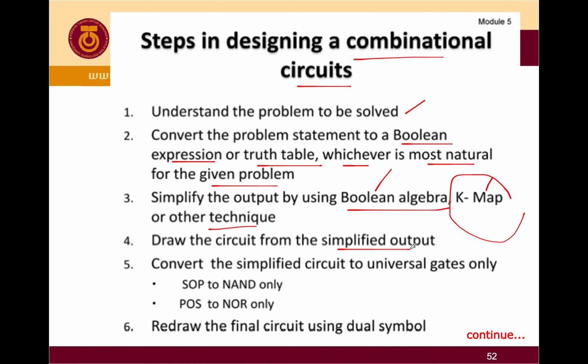So after you get the simplification of your Boolean algebra, you're going to draw the circuit. Fifth, you need to convert the simplified circuit to universal gates only, which is for SOP you need to use NAND gates only. For POS you need to use NOR gates only.